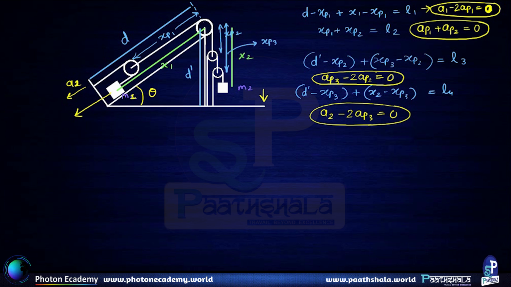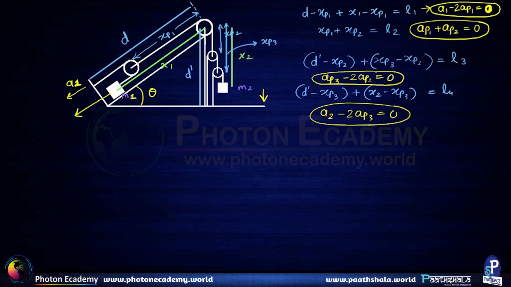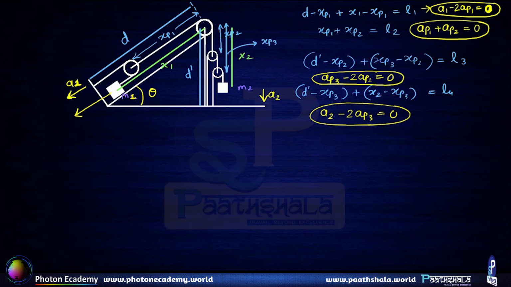So this acceleration is A1. Both the masses were initially labeled M2, that's wrong. So the first mass is M1, and the acceleration is assumed to be down the slope direction, and that acceleration is A1. And for the mass M2, acceleration is A2 over here.